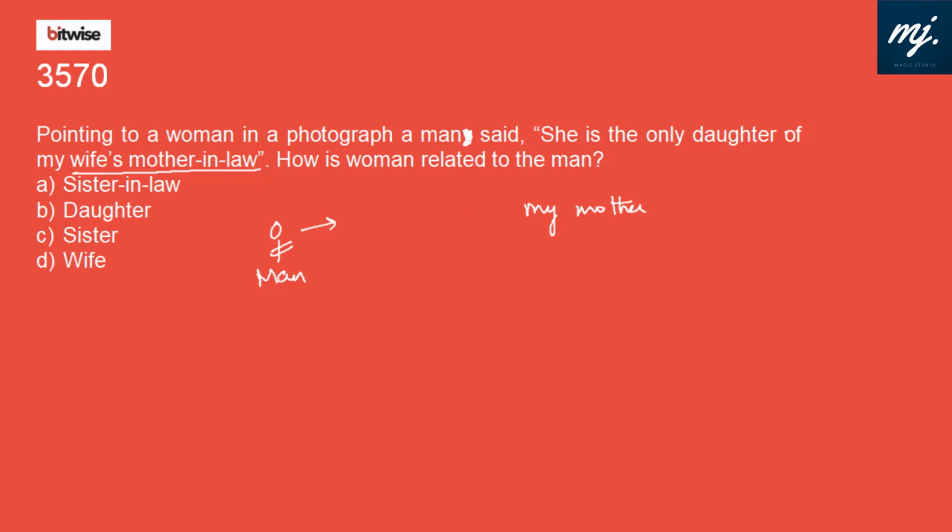So she is the only daughter of my mother. That means she is my sister. How is the woman related to the man? The woman is the sister of this man. Option C fits in.